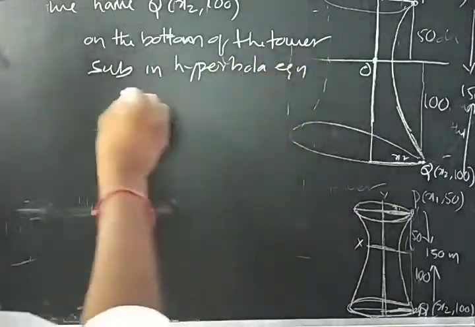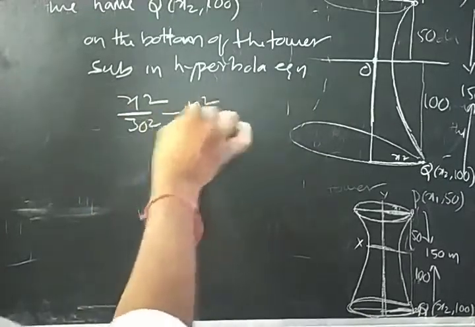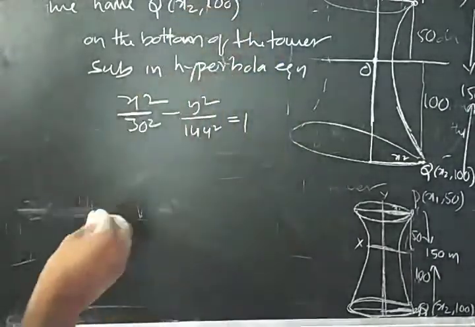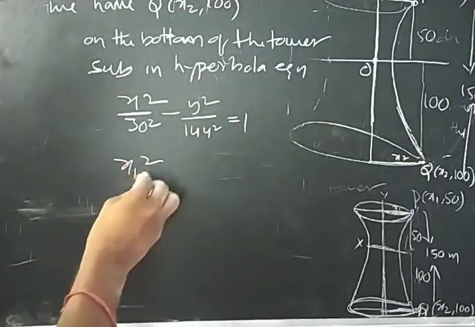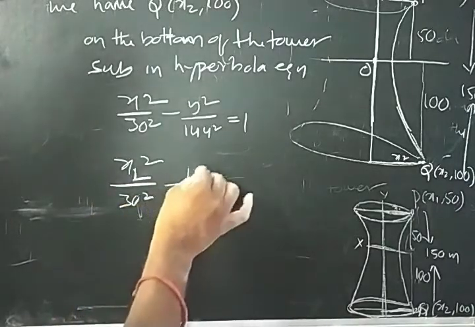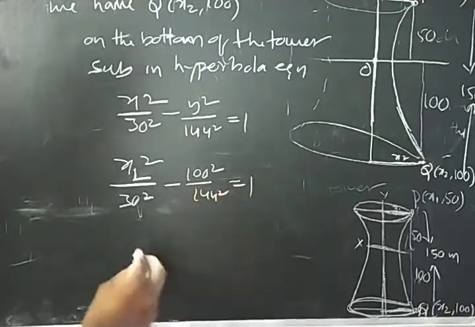What is the hyperbola equation? We have x square by 30 square minus y square by 144 square is equal to 1. Now I am substituting in this equation. X2 square by 30 square minus 100 square by 144 square is equal to 1.